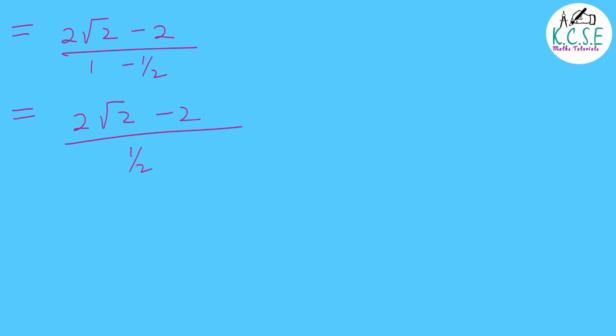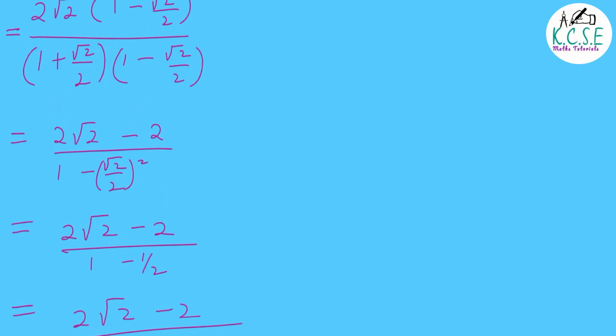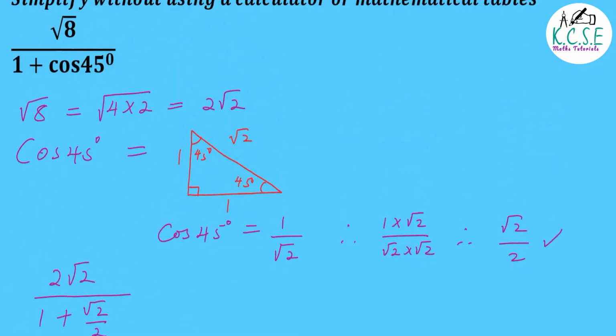If we divide 2 root 2 by a half, we get 4 root 2. Then 2 divided by a half will give 4, and we get the solution as 4 root 2 minus 4. So that is how we're supposed to work out the question.